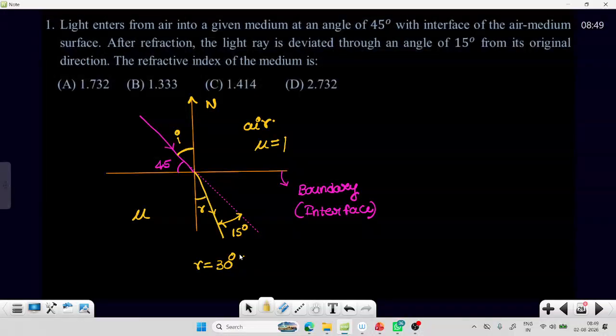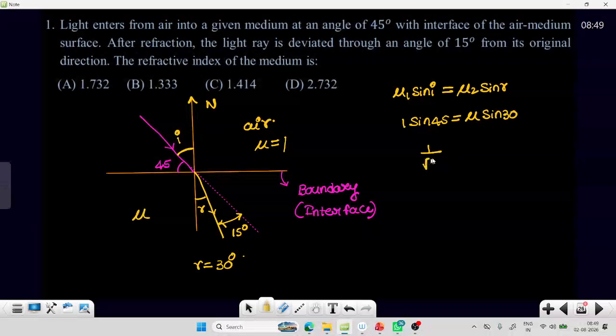Now apply Snell's law: mu1 into sin I is equal to mu2 into sin R. Mu1 is 1, sin I is sin 45, mu2 we don't know, sin R is sin 30 degrees. That is 1 by root 2, which is equal to mu into 1 by 2. So mu is equal to root 2, that is 1.414.